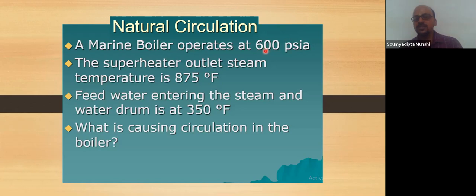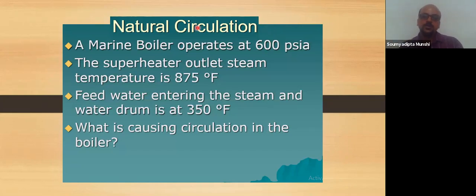Somewhere it is called a 600 psi drum boiler, somewhere a 1200 psi drum boiler. That means the capacity of the drum to hold the pressure is that much, 600 psi. Inside the drum, it can hold the pressure up to this.